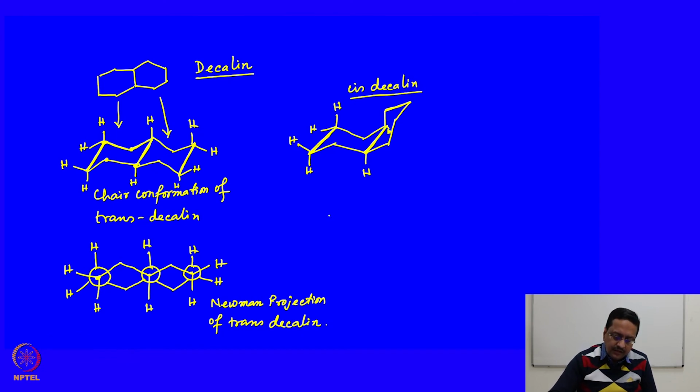So, we should draw first two carbon centers and draw the corresponding hydrogens here. These are those four hydrogens in the front and back carbon. Then the front carbon is connected to this carbon here, the back carbon is connected to this carbon there.